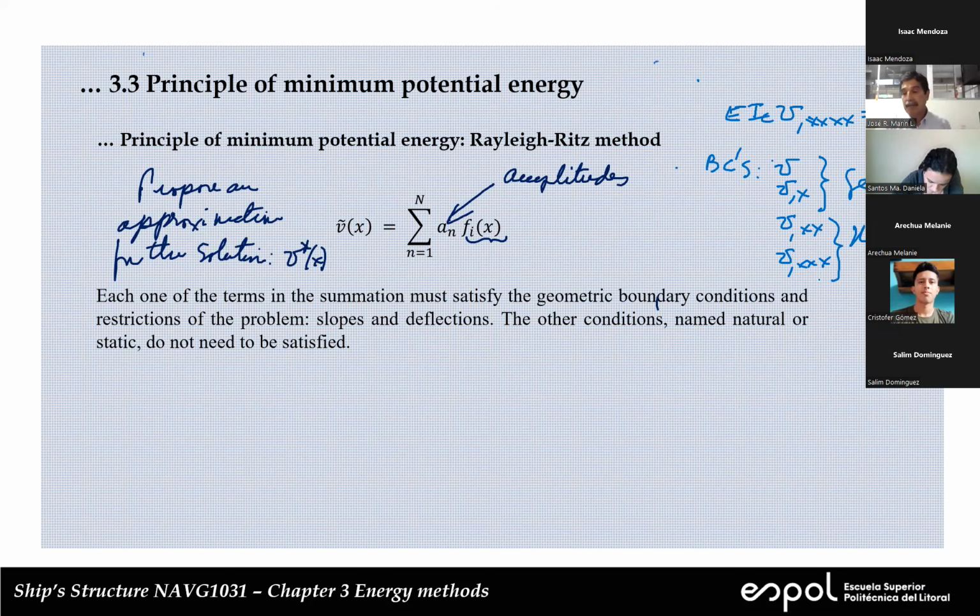Deflection and the first slope are 0. Yes. So in this case, you're saying the value of V and the value of the first derivative. So both are geometric boundary conditions, and you have to choose a function which satisfies these two boundary conditions.